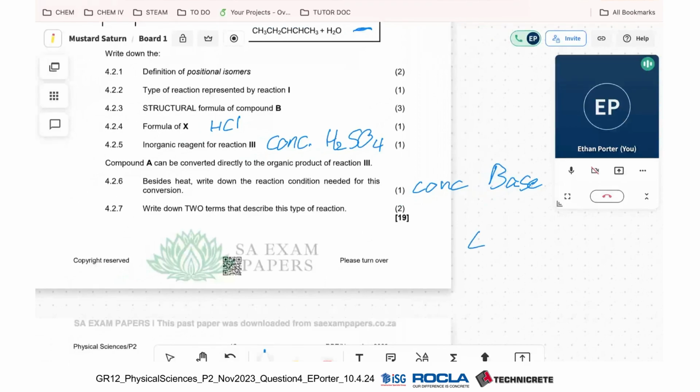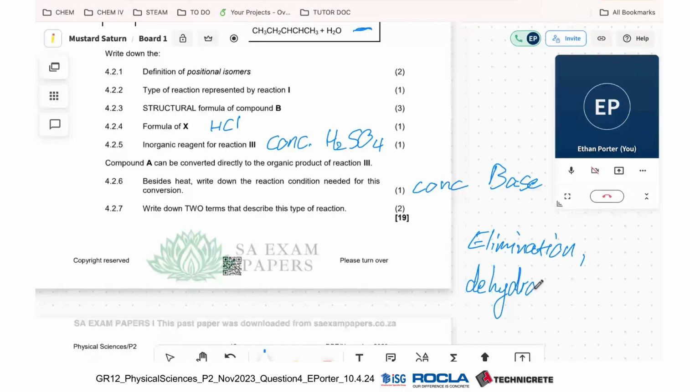So it would be correct to call it an elimination reaction. So that's one term. You could also say, just as we hydrochlorinated it in the first reaction, the alkene reacting with acid, it was hydrochlorinated. By removing the chlorine and regenerating the alkene, we are dehydrochlorinating it. So that is also correct.